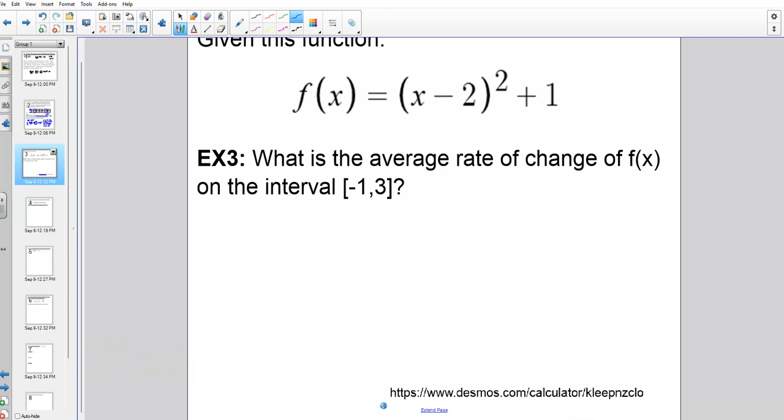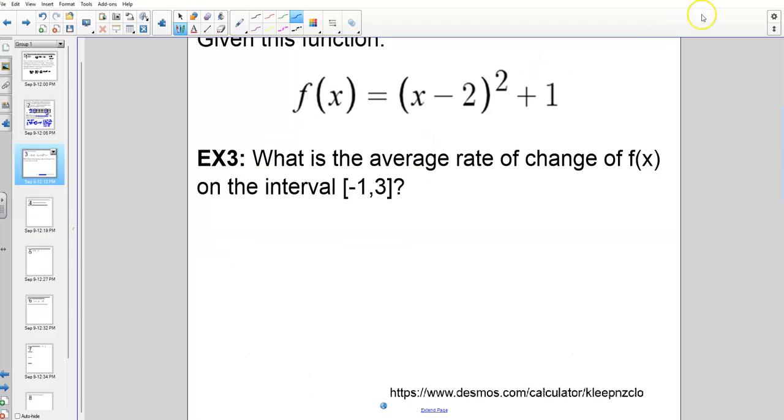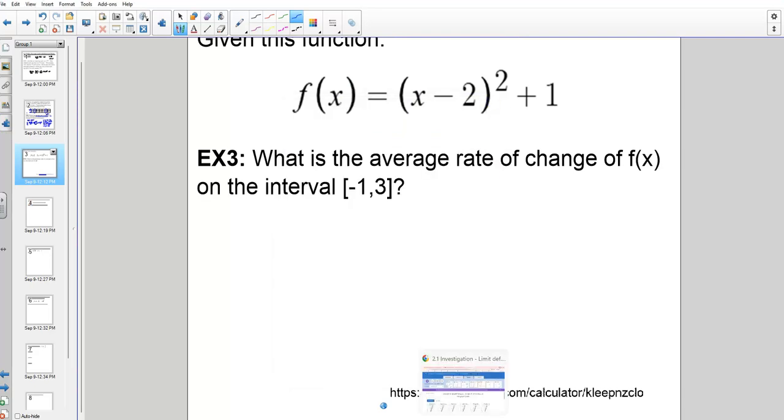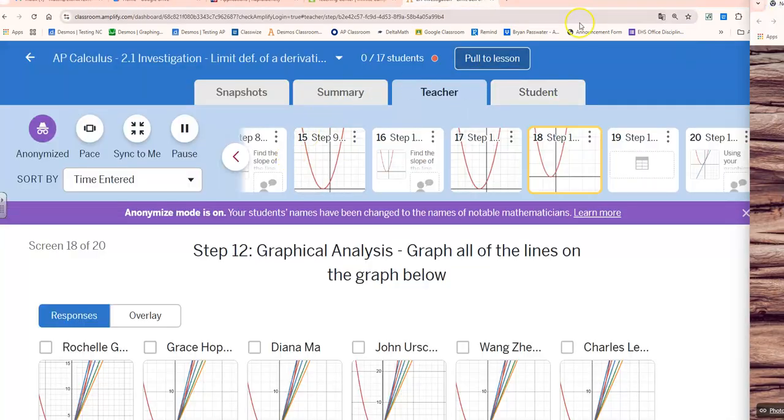My computer's about to... Of course it's on a day where half of the people are out, and I really need this recording to work. Let me just get the Desmos pulled up over here.